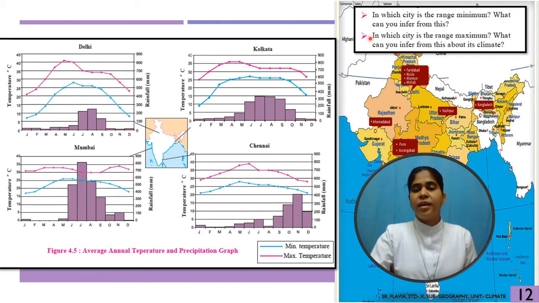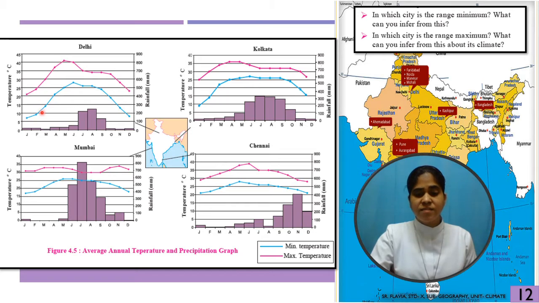Next question. In which city is the range maximum? What can you infer from this about its climate? What is your conclusion about its climate? Look at Delhi. There is a vast difference in temperatures. Minimum is 6 degrees. Maximum is 41 degrees.